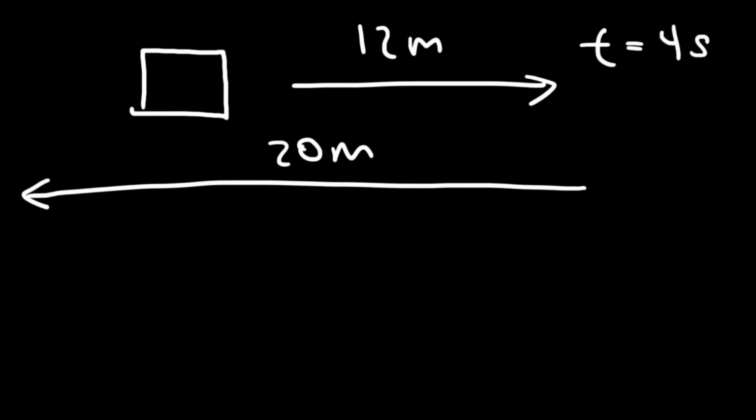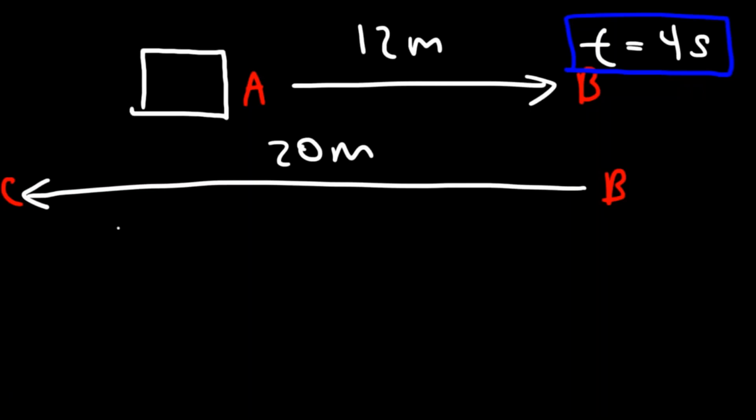So let's say going from position A to position B, that's a distance of 12 meters, and from position B to position C, 20 meters. So that's the total trip from A to C. It took only 4 seconds. For this object going from A to C, what is the average speed and what's the average velocity of the object?